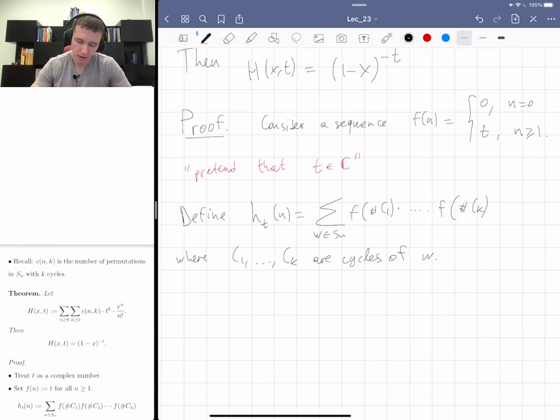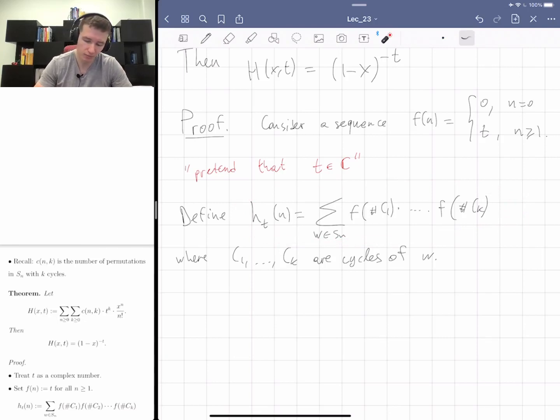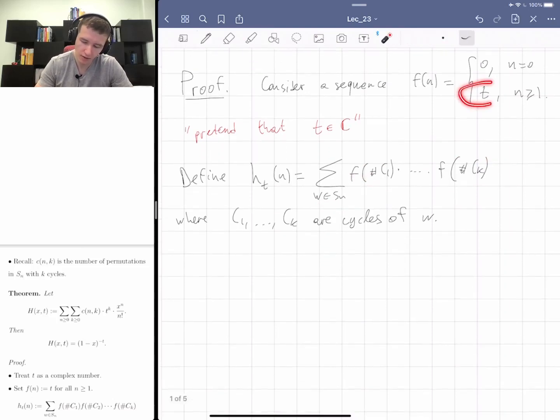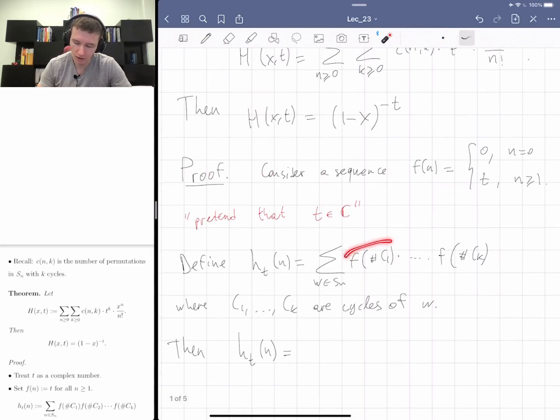So this is the same setup as in the exponential generating function. You sum over all permutations, f of the sizes of the cycles. But here, f is not just 0 or 1; it's 0 or t. So then h_t(n) is, clearly each term depends only on the number of cycles, because f is a constant, basically.